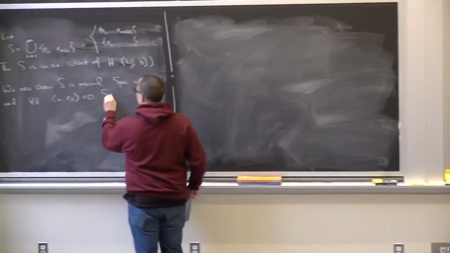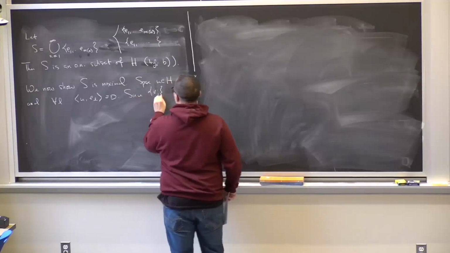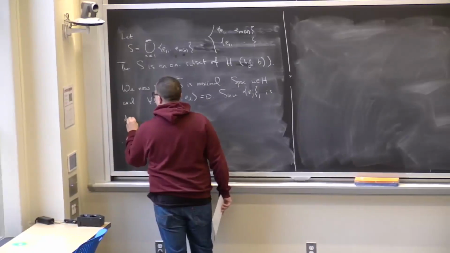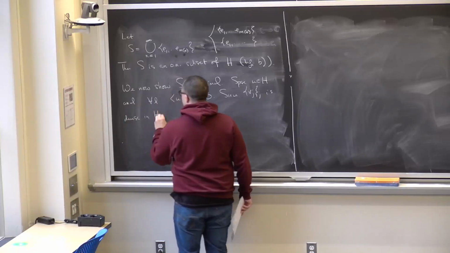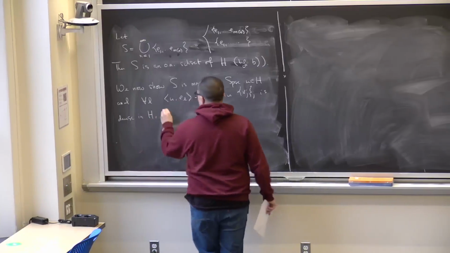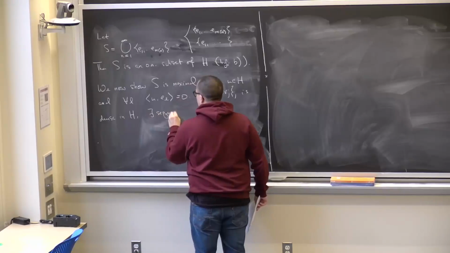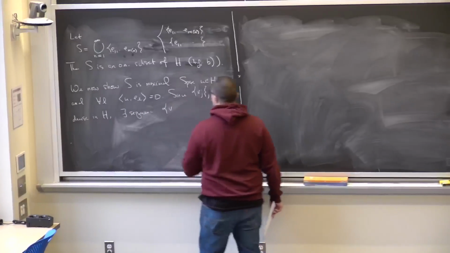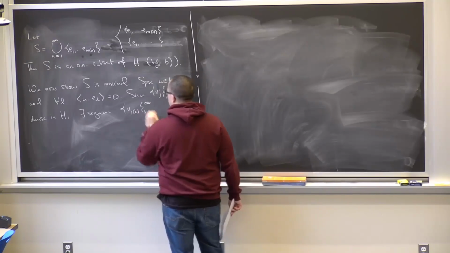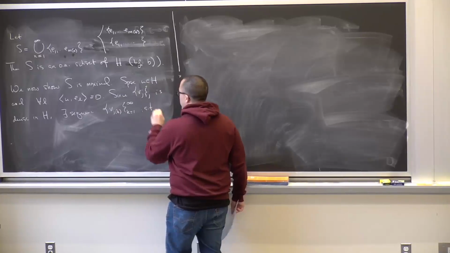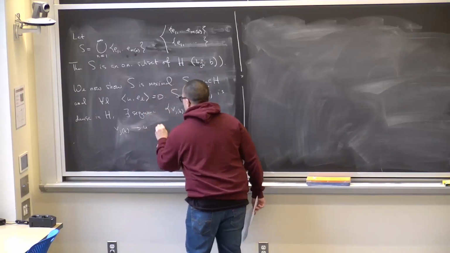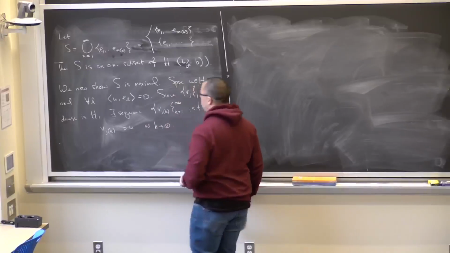So since the v sub j form a dense subset of H, we can find a sequence of elements from this collection, v of j sub k, k equals 1 to infinity, such that v of j sub k converges to u as k goes to infinity.